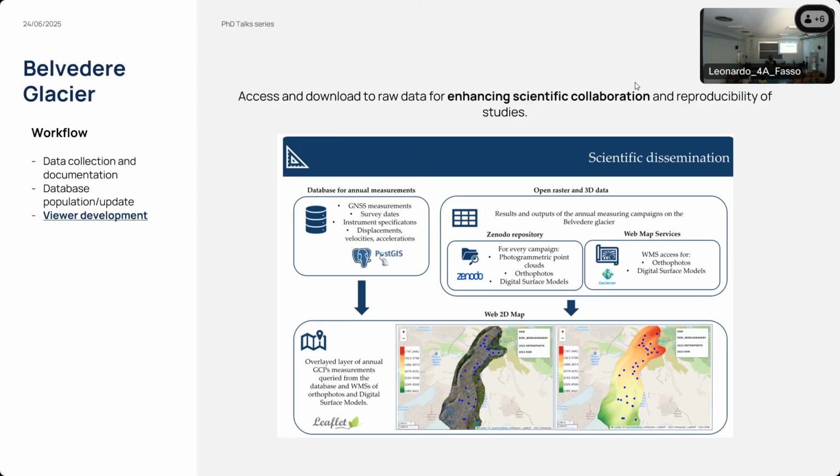So the viewer is developed with a different design in order to easily query and visualize in 2D in these cases some information related to points measured along the glacier, as well as intermediate products like DSM, digital surface model, and orthophotos, other information that can be derived from every year survey.